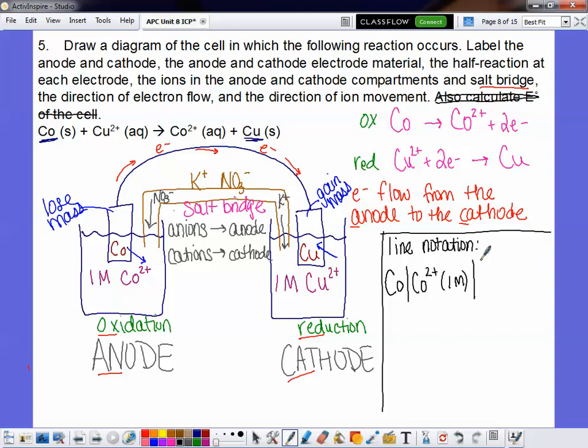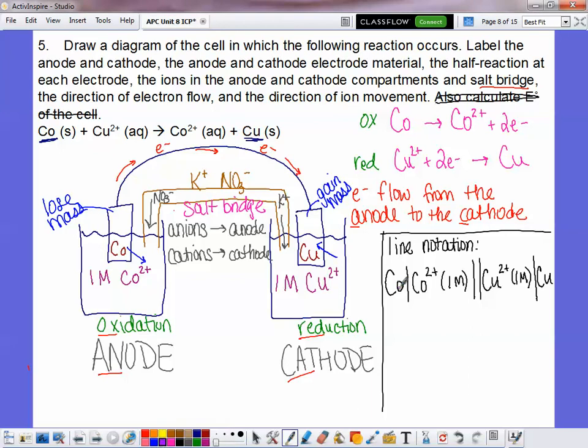And then a double line to represent the salt bridge or porous disk. And then the cathode's ion with concentration. And then another line, and then the cathode's material. So as you read left to right, it's actually showing you what's happening.